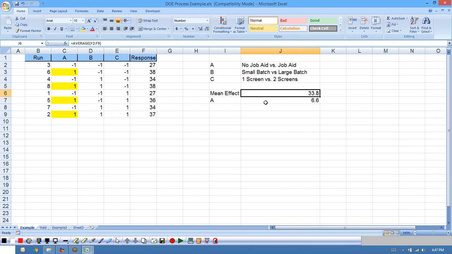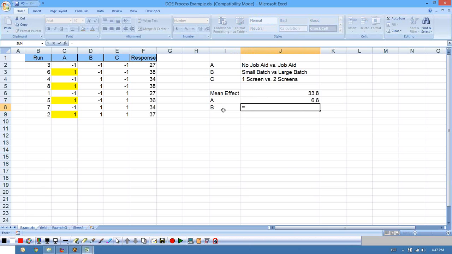I mean, we set up the minus signs and we set up the plus signs. Right? Now let's take a look at B. This would be equal to the average of, we're going to do the pluses minus the minuses, right?